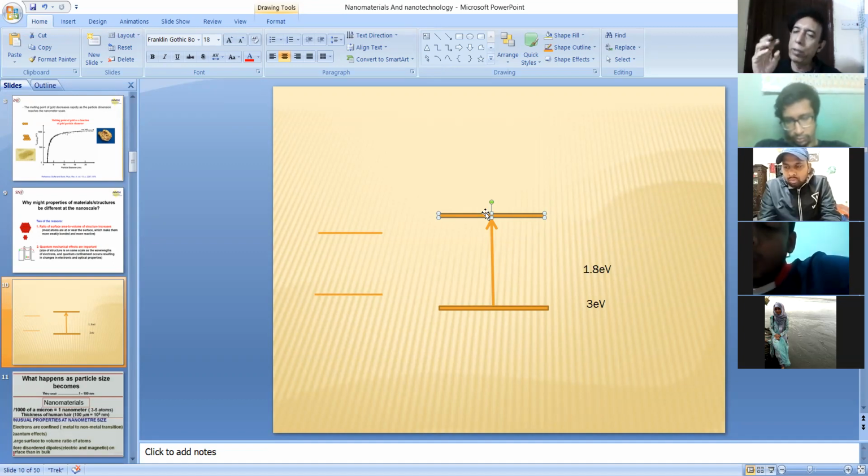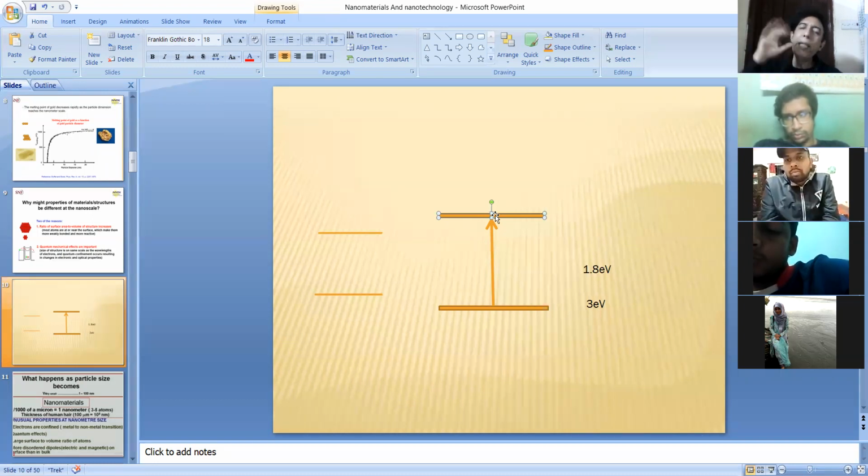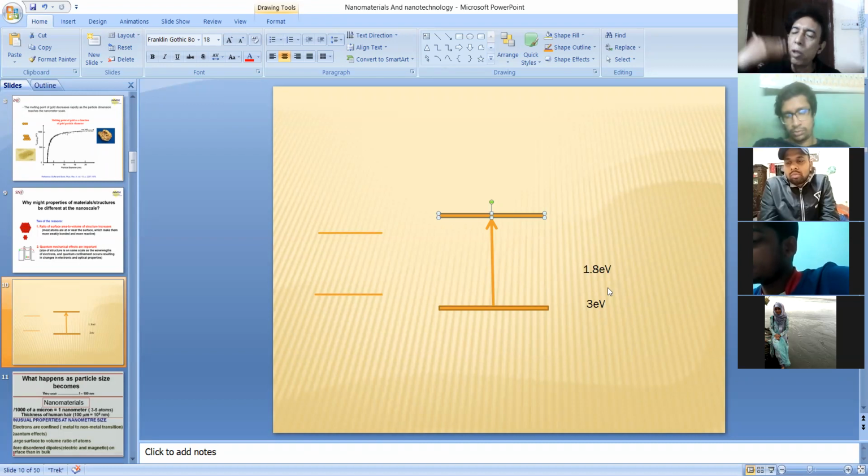There are, say, 50 atoms, then its band gap becomes 3 electron volt for the same atom. Say, for example, the atom is gold. In the bulk material, you will find the band gap is 1.8 electron volt. But when it comes to nano, its band gap becomes 3 electron volt. So the optical property must differ.